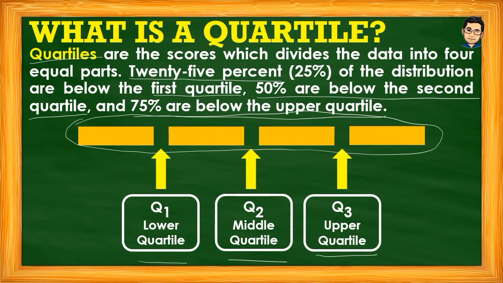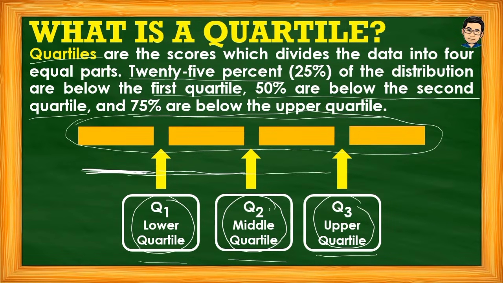The 25% that I mentioned earlier below the first quartile, this is it. This is the position of the lower quartile, the one with the arrow. This portion is below the first quartile. And then, 50% are below the second quartile. The middle quartile is here, in the middle, meaning 50% are lower than it. And then the upper quartile is here, near the end, meaning 75% are below the upper quartile.